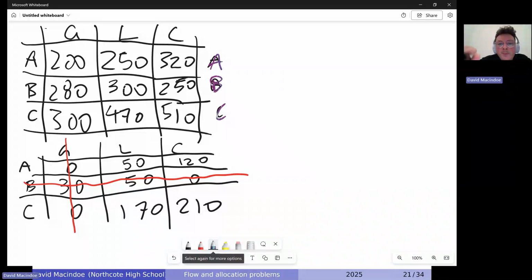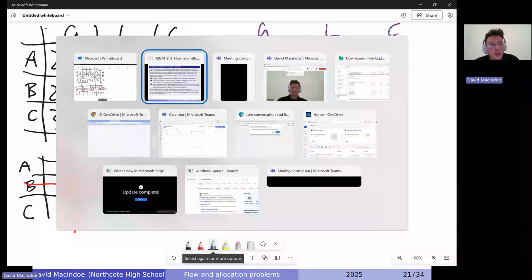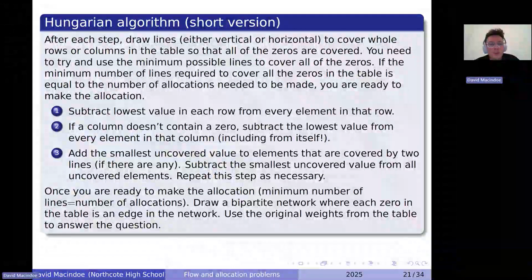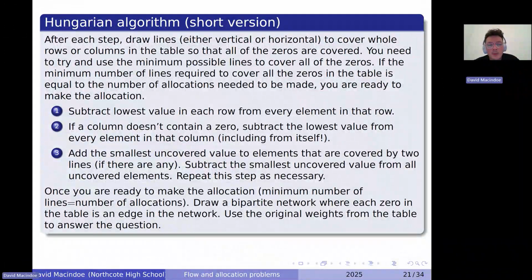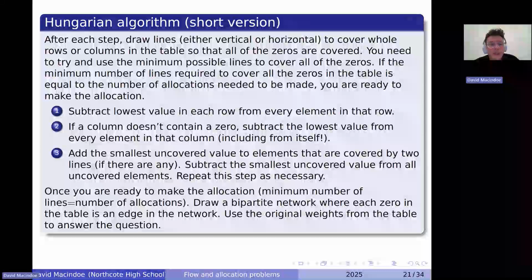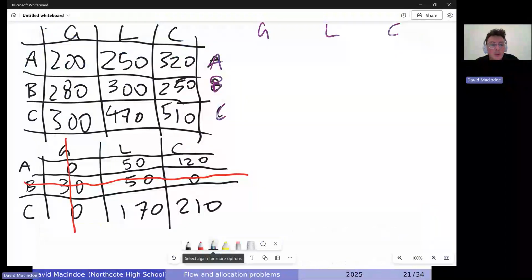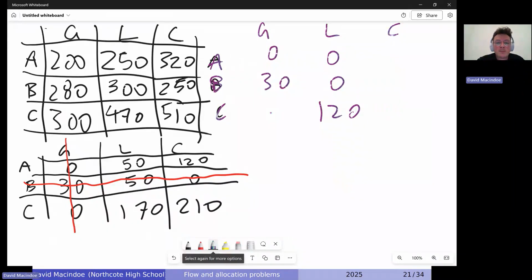A, B, C. And we've got G, L, C. So what we're subtracting is the lowest value of each column, including itself, but only if that column doesn't contain a 0. So the only one that doesn't contain a 0 is, sorry, not the first one, the second one: 0, 0, 120. And then these columns just stay the same.